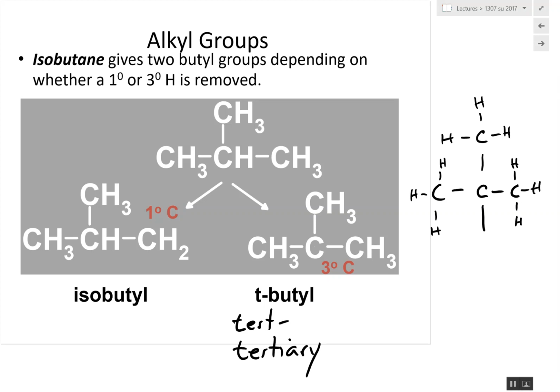Now we have those. We can look now at the rules for naming an organic compound. And let me be clear here: we're going to use these rules not only in chapter 10, but 10, 11, 12, 13, 14, and 15. So we're laying the foundation for how you name organic molecules, whether they're alkanes, alkenes, whatever.